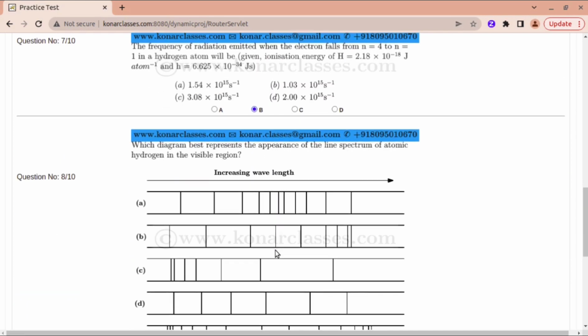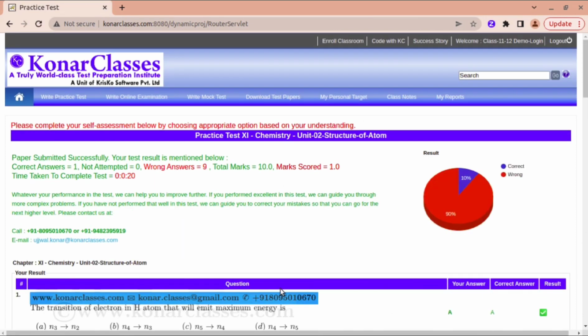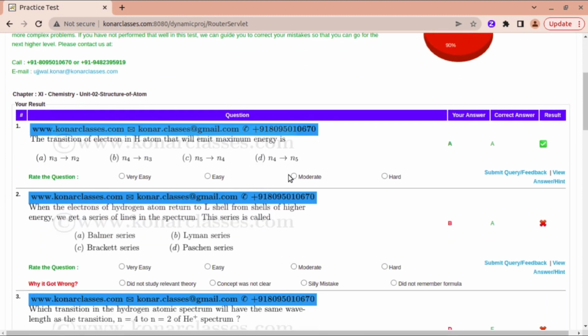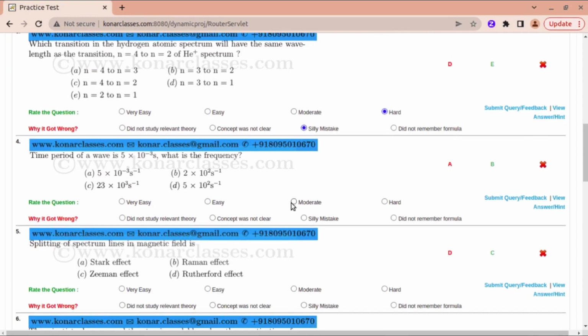I am quickly doing all these things so that I can show you one chapter from mathematics and biology as well. Once the answer is done, I am going with the self-assessment, filling it up quickly.